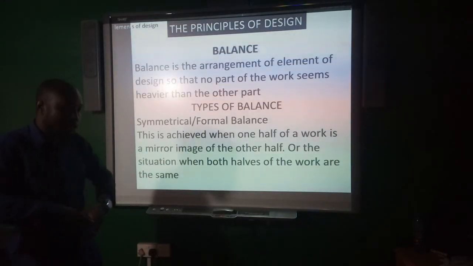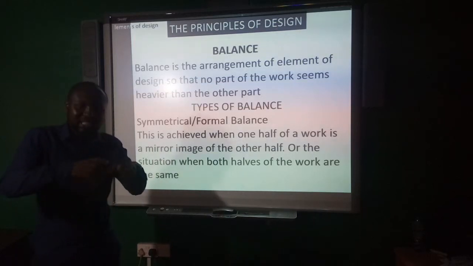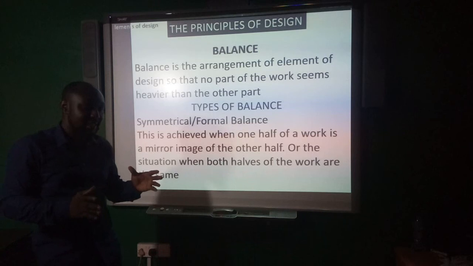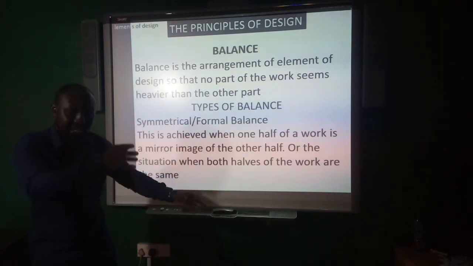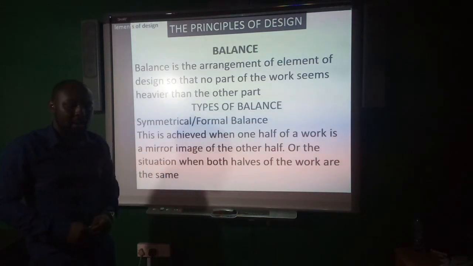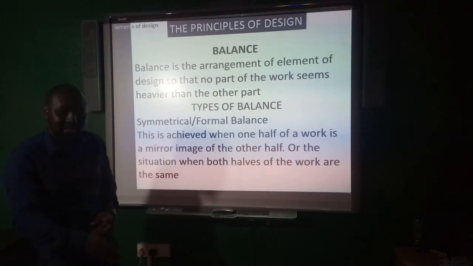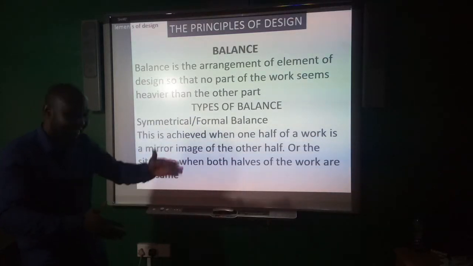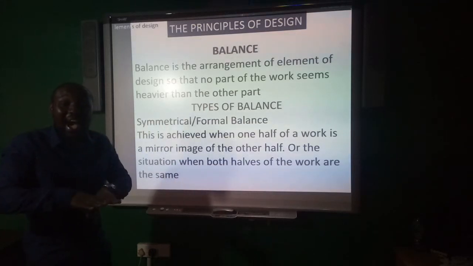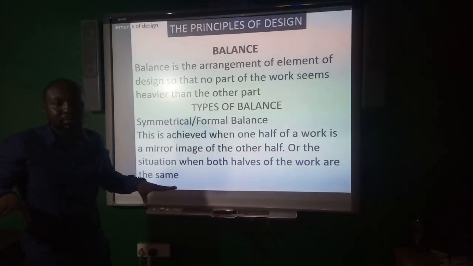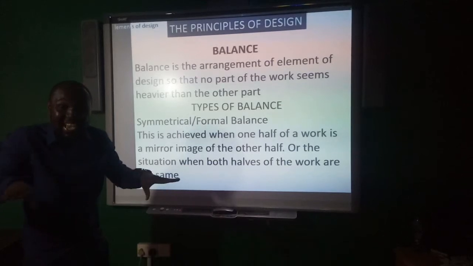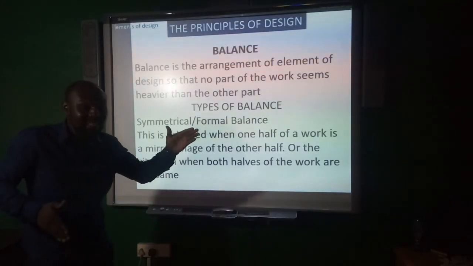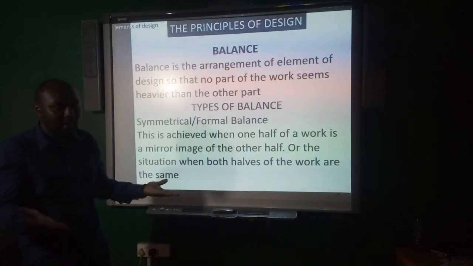That's what it means. So let's take, for example, a steady table. You know that the steady table has legs. You will notice that the left leg of the table and the right leg of the table are the same.